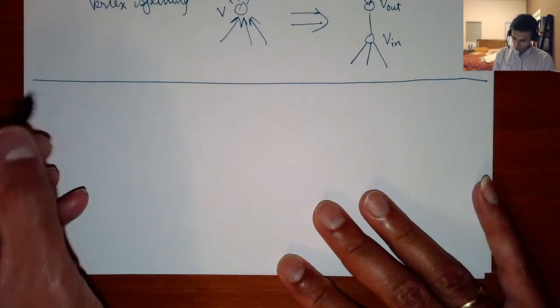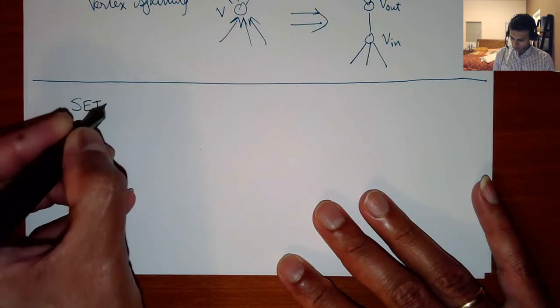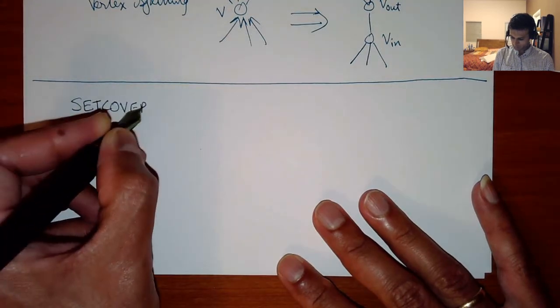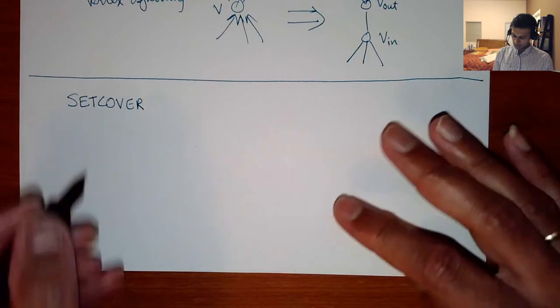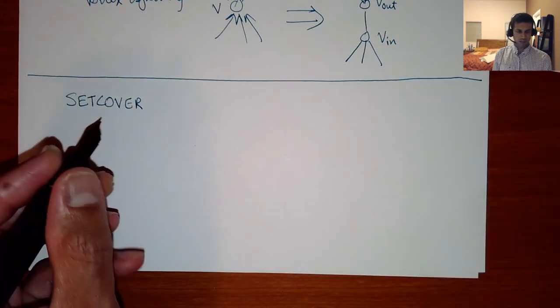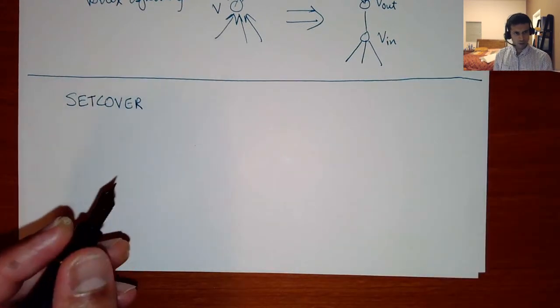So let me talk about another language that's called set cover. So what is set cover? This is unlike the graph problem, this is a very combinatorial problem.